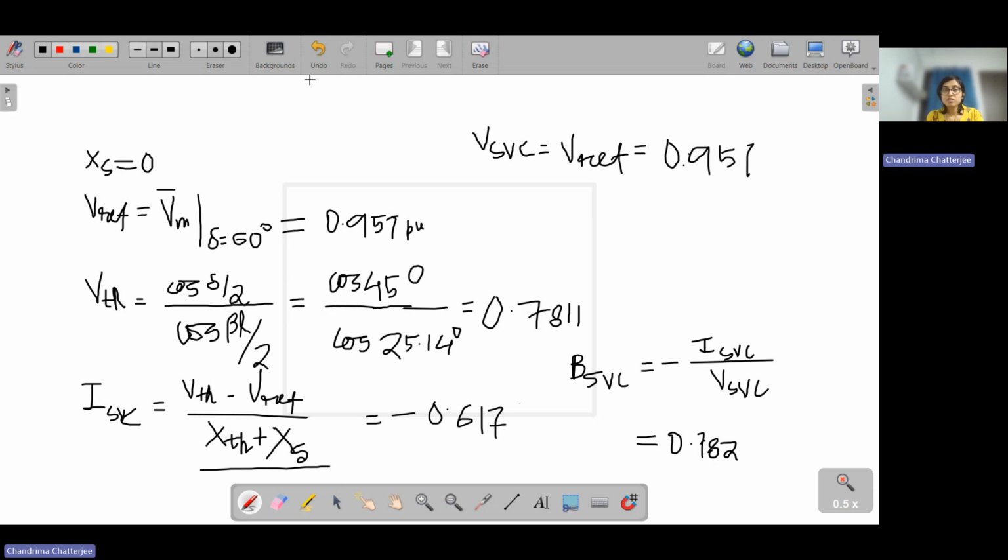And VSVC also changes. Now, what is VSVC? Its value is 0.926.